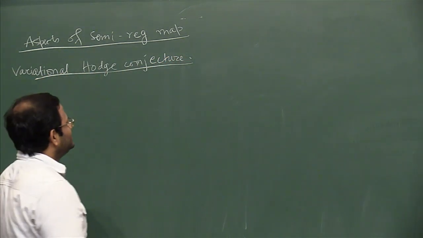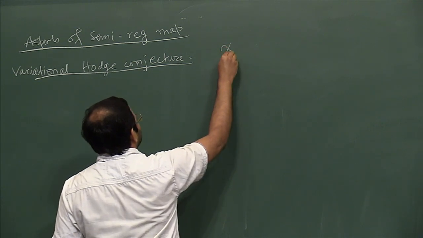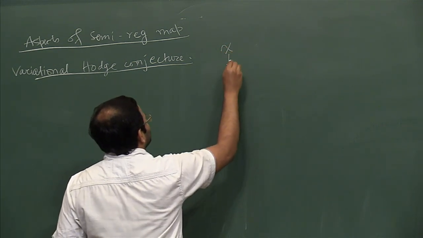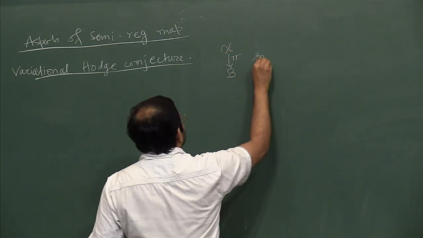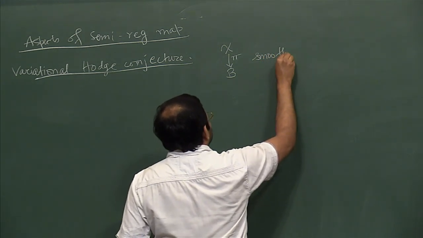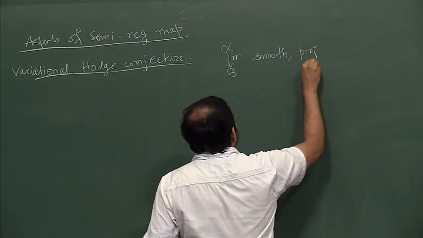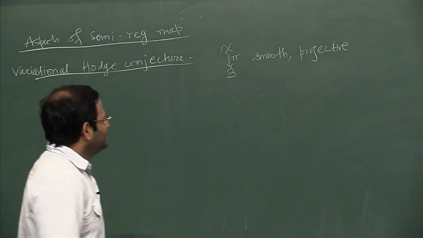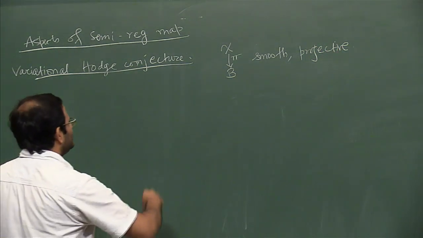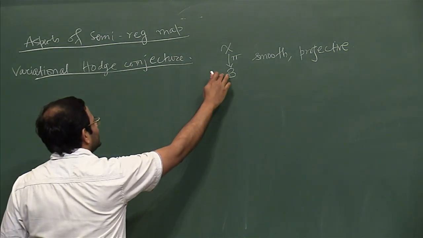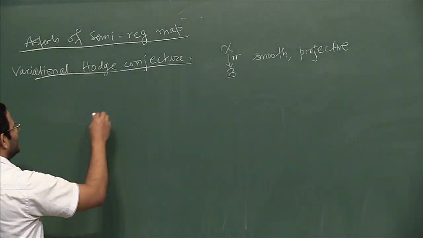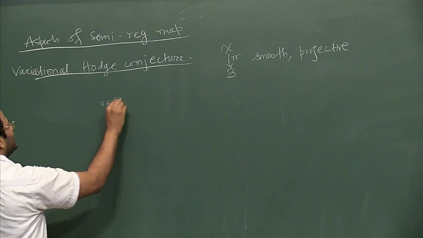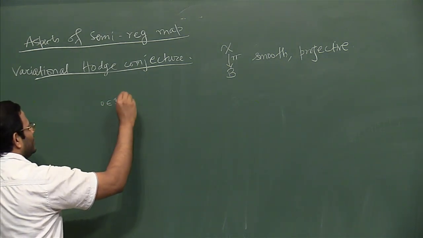Suppose you start with a smooth projective family. Okay, and now you take a point in here, and we look at the fiber.